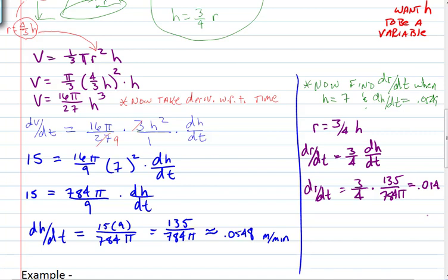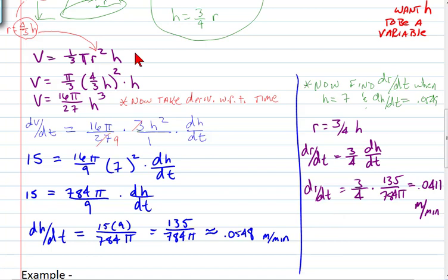Oh, I didn't multiply by 3. You're right. 0.0411. And what are the units here? Meters per minute. No. It's the units of the radius, which is meters, divided by the units of time, which is minutes. Right?